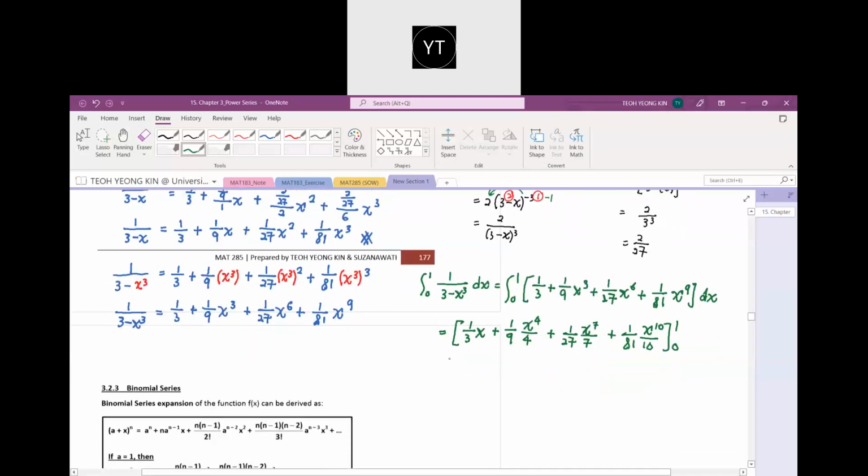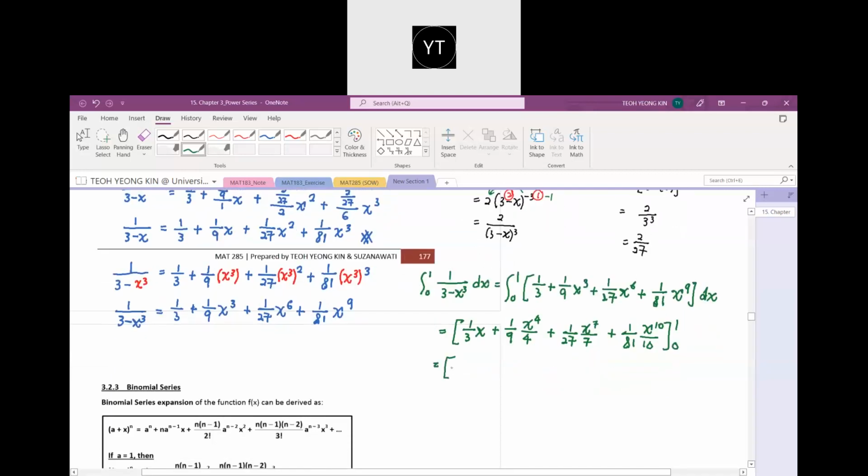So I just try to simplify. Here I get 1/3 x plus x power 4 over 36 plus x power of 7 over 27 times 7 is 189, and finally x power of 10 over 810, from 0 to 1.